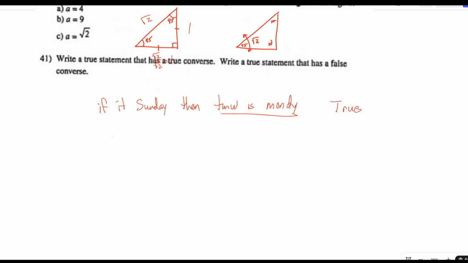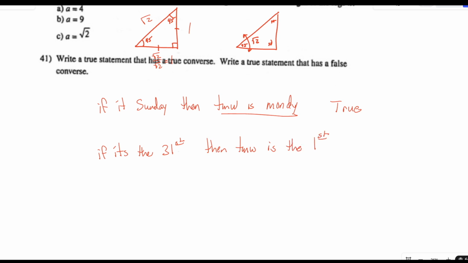And here's a not true one. Let's see. Or, well, it's true if it's a true statement where the converse is not true. If it's the 31st of the month, then tomorrow is the 1st.